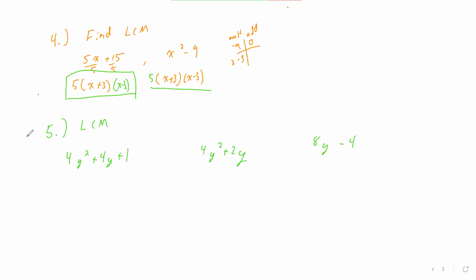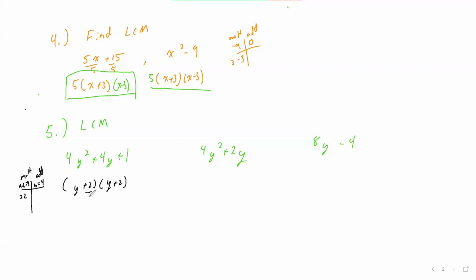There is no GCF, so I need to do a t-chart. So my t-chart here, I need to multiply to my a times my c, which in this case is 4. I need to add to my b, which is 4. So two numbers that multiply to 4 and add to 4 happen to be 2 and 2. So this becomes y plus 2, y plus 2.